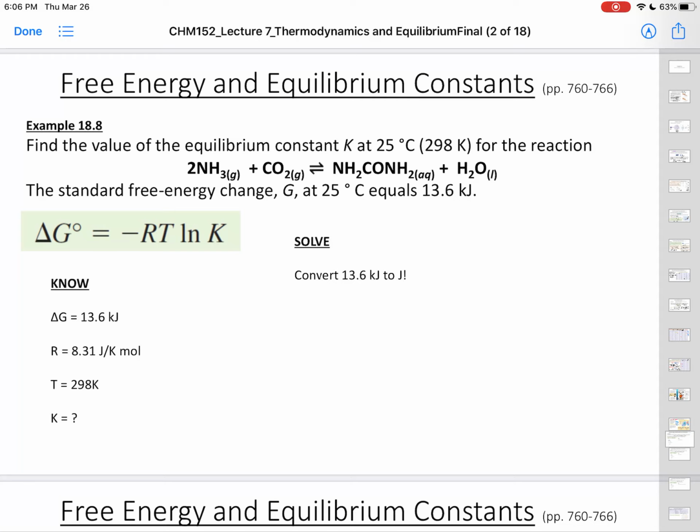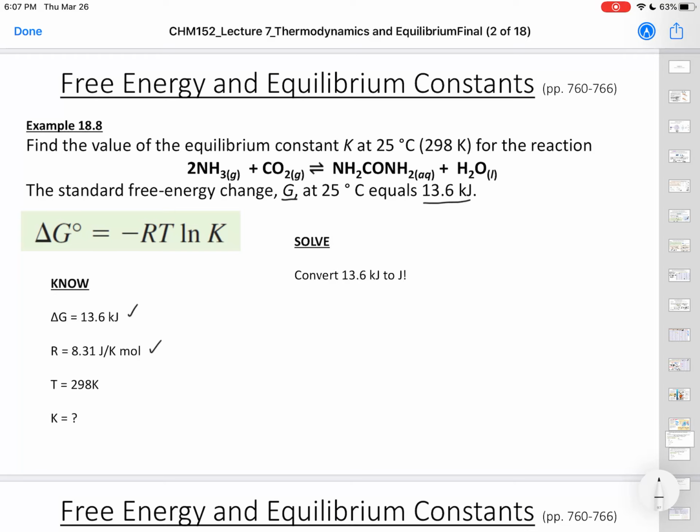They ask you to find the equilibrium constant K for the reaction where you have 2 ammonias reacting with carbon dioxide to form urea and H2O. They tell you that the standard free energy change delta G is equal to 13.6 kilojoules.